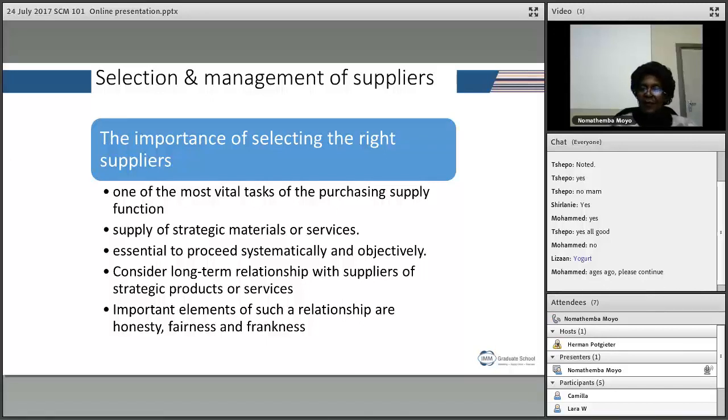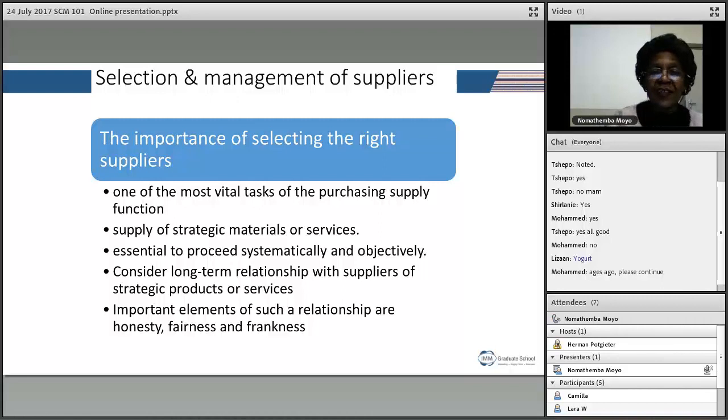Selection and management of suppliers. How do we select? This is one of the most important. It's very important, because obviously suppliers will contribute so much. You intend to have suppliers that you are going to have a long-term relationship with.